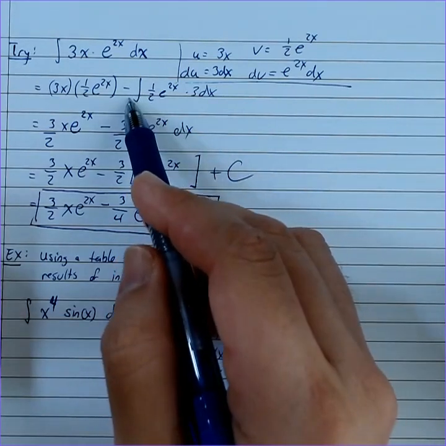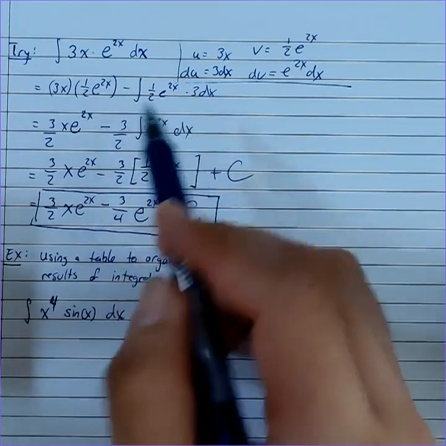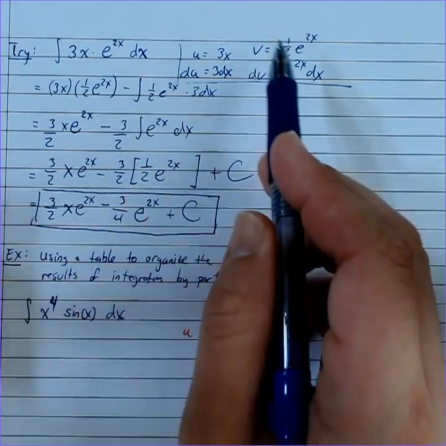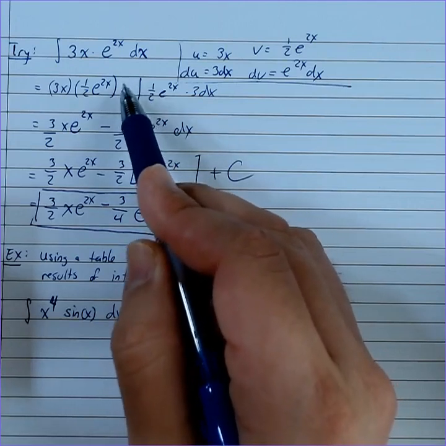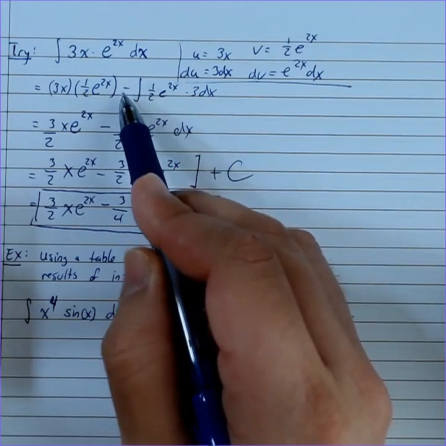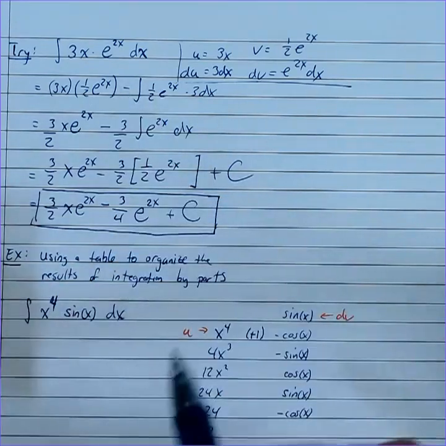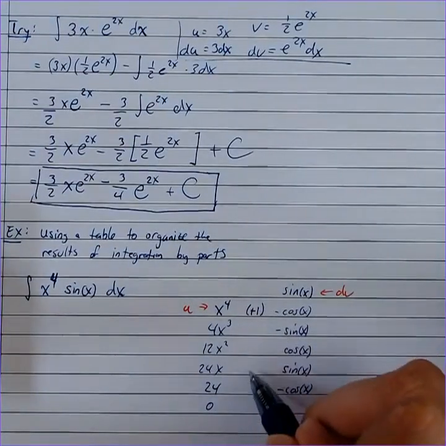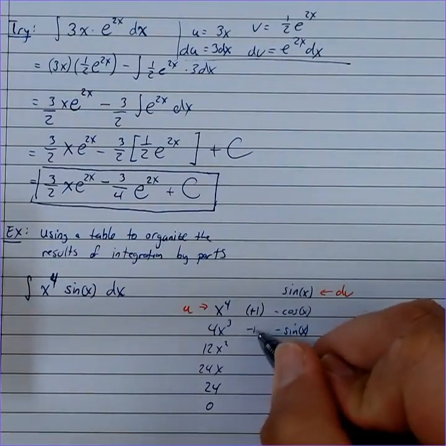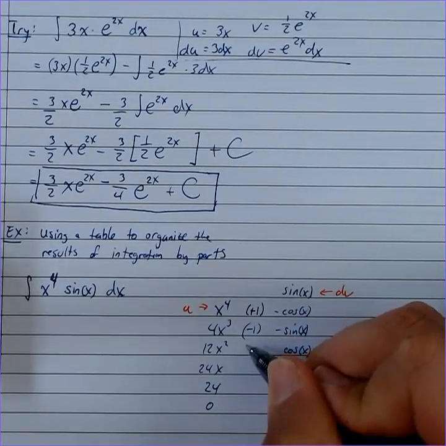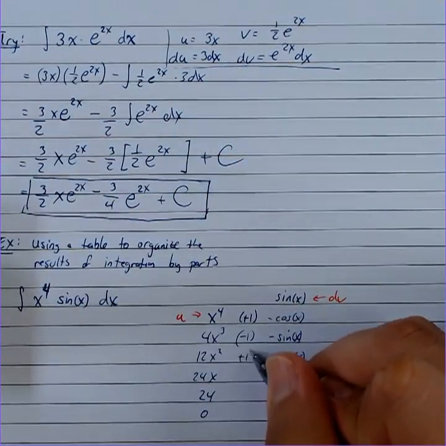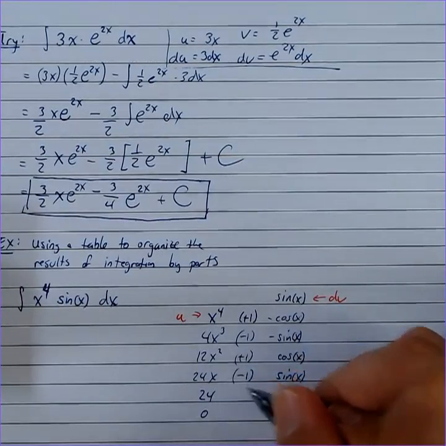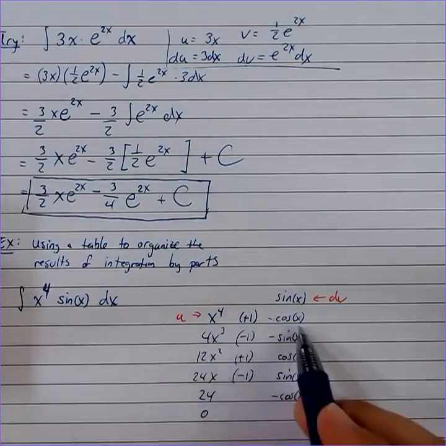And you use it a third time, you'll have minus a minus a minus, which will change it back to minus. So every time you use integration by parts, this negative will change to a positive and then back to a negative and so forth. So here it's going to have an alternating sign. So we take care of that by placing this negative 1 to compensate for that changing sign. So positive 1, negative 1, positive 1, negative 1. You always start with a positive 1 at this level where the u is.